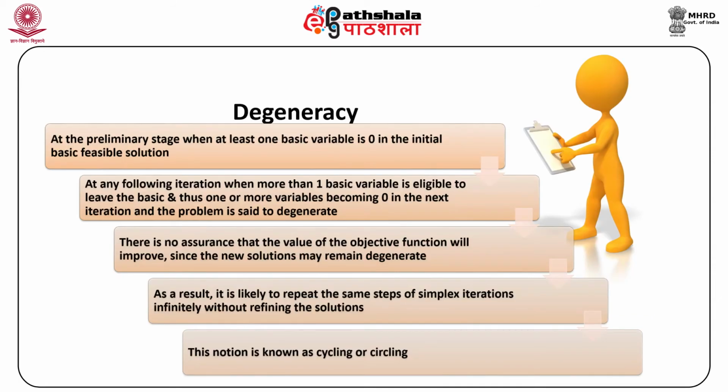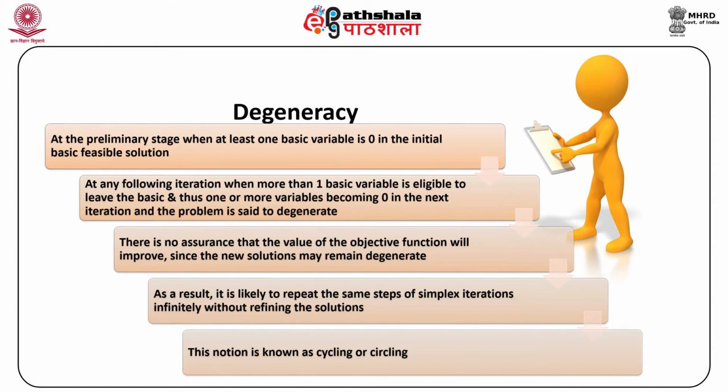The notion of finding a degenerate basic feasible solution in a LPP is identified as degeneracy. Degeneracy in a LPP may arise at the preliminary stage when at least one basic variable is 0 in the initial basic feasible solution.